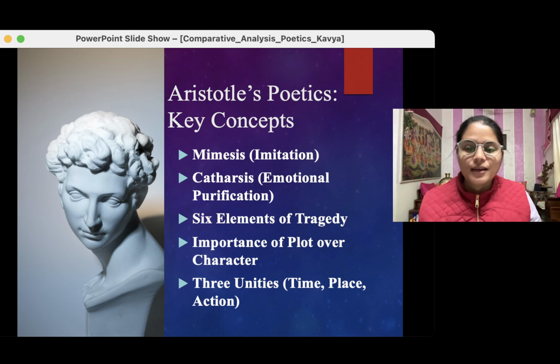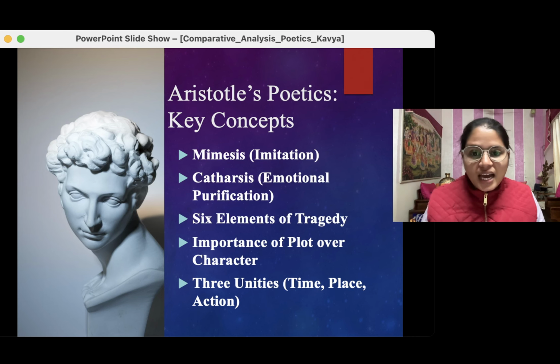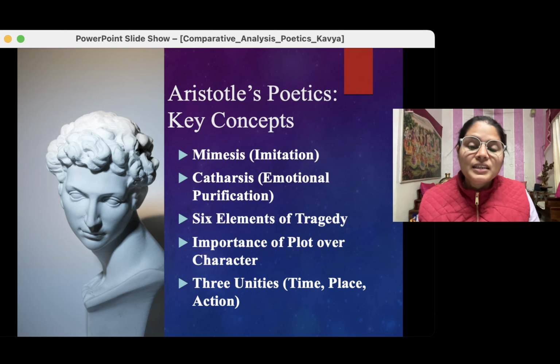Do not forget that. It also has three unities which every play needs to follow: time, place, and action. One great example which follows all three unities and is properly structured is Oedipus Rex by Sophocles.